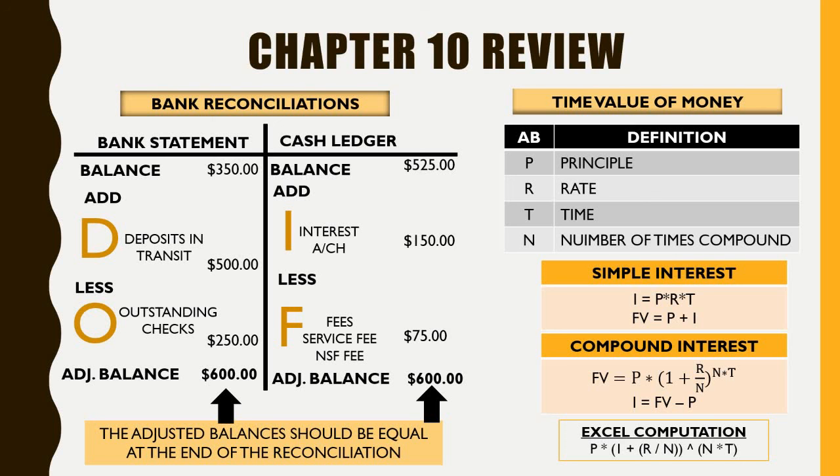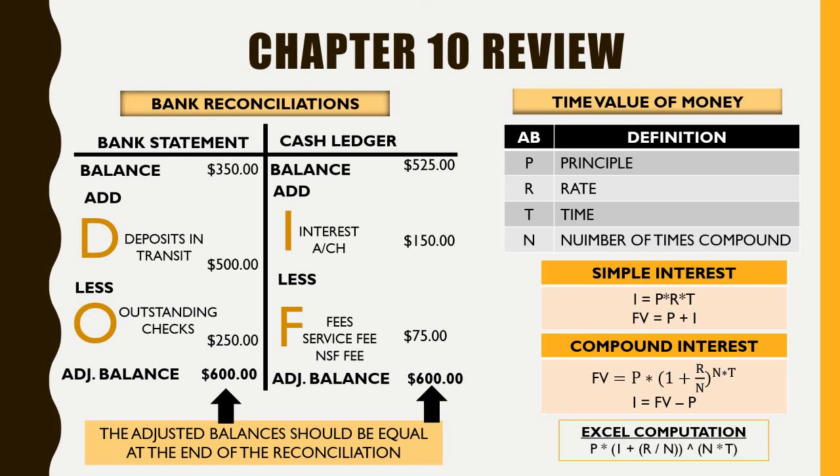Now, I've also made a mnemonic device for you guys to be able to compute your bank reconciliation. So once again, if you're dealing with your bank side, you just have to remember you got to do, which is your deposits in transit, and your O's, which is your outstanding checks. So on the bank side, you're always going to do, but on our side, on the cash side, you're always going to have ifs.